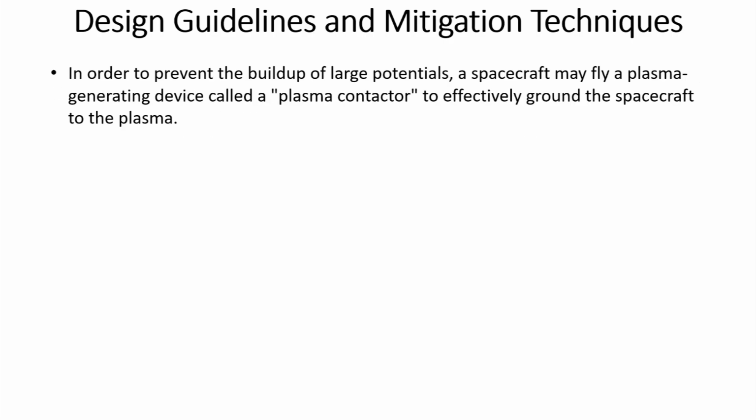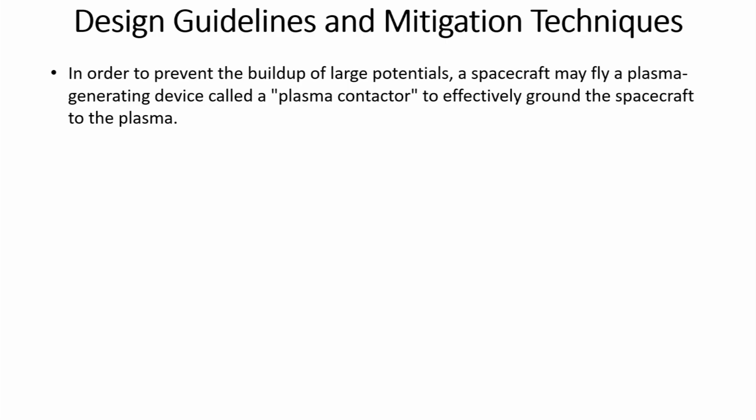Now, these are all passive ways of controlling charging; there are some active ways also, which we will discuss. In order to prevent the buildup of large potentials, a spacecraft may fly a plasma generating device, called the plasma contactor, which I mentioned in some slides. What does it actually do?